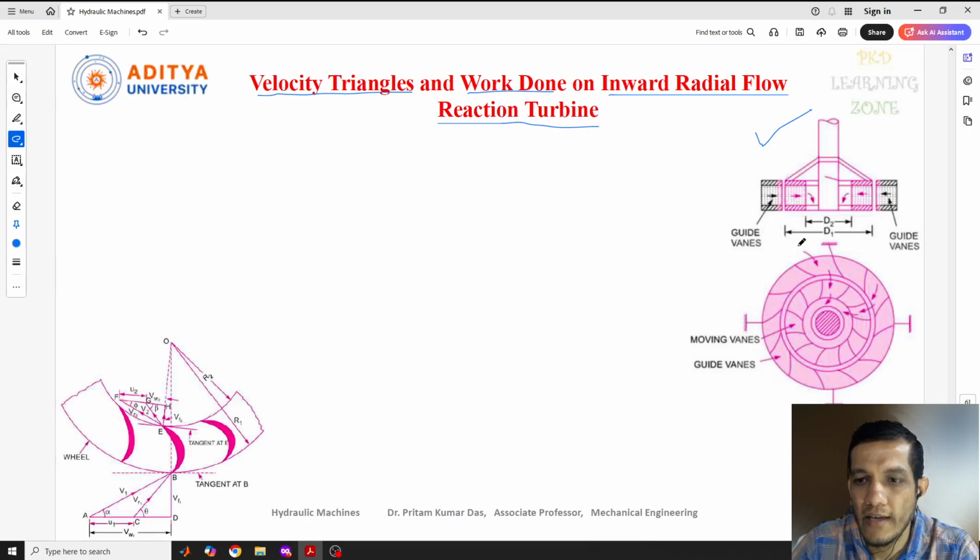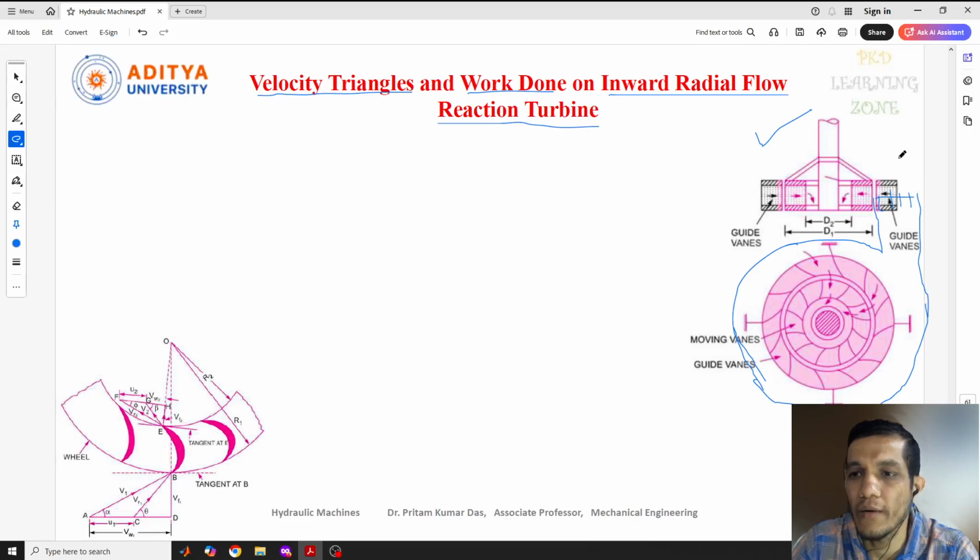In this, if you see, a casing will be there at the outer part, and the water comes from outside. If I draw it like this, through this casing, or you can say the penstock or pipe which came from the dam, the water comes inside.